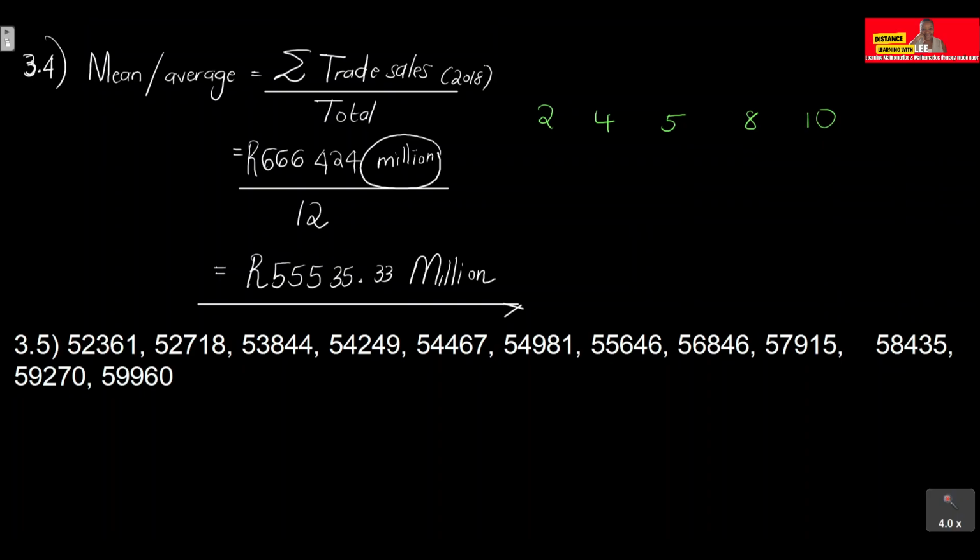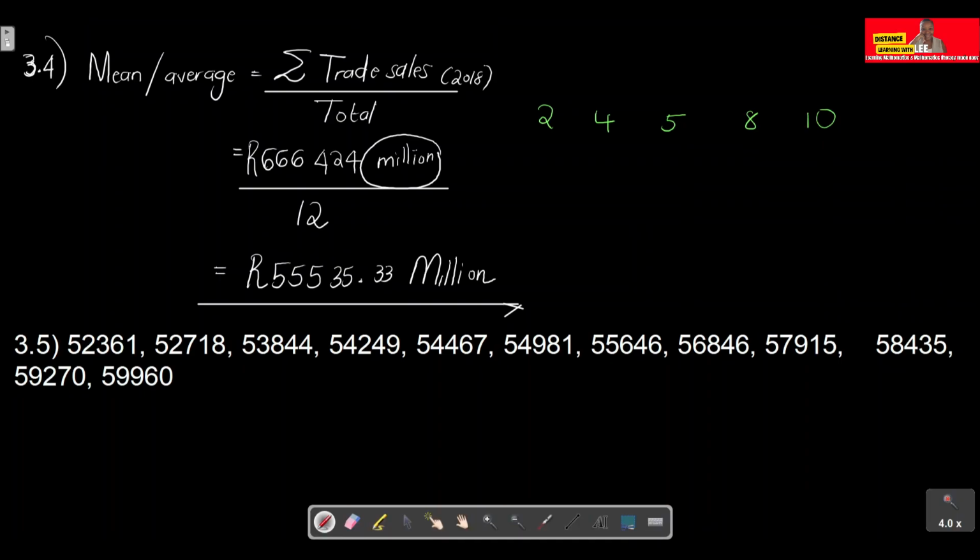So what is that value? The value in the middle for this data is 5, because in this case we have 2 values on the left and 2 values on the right.